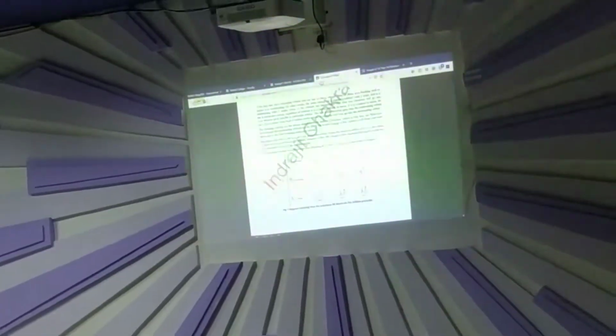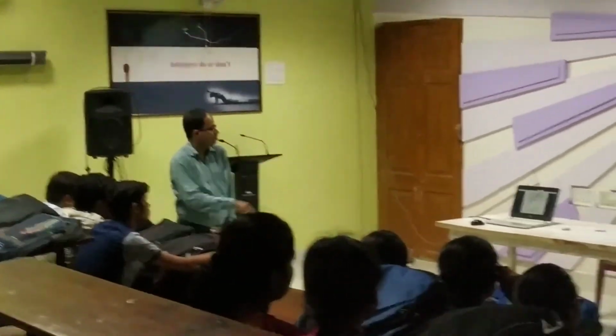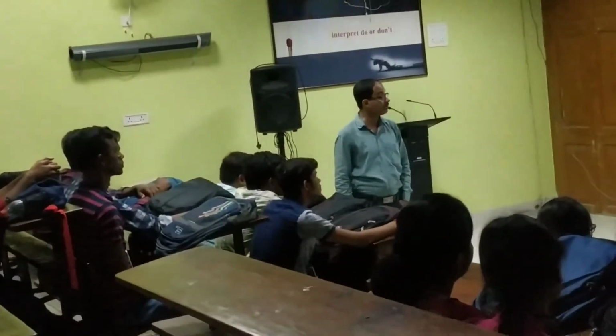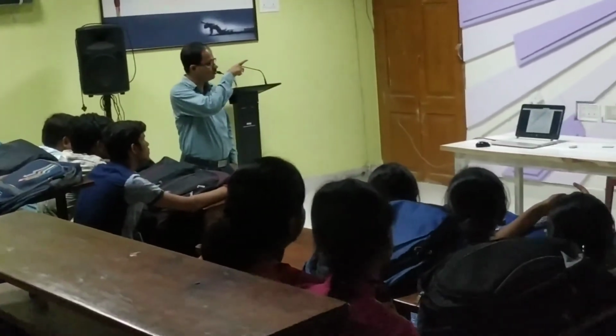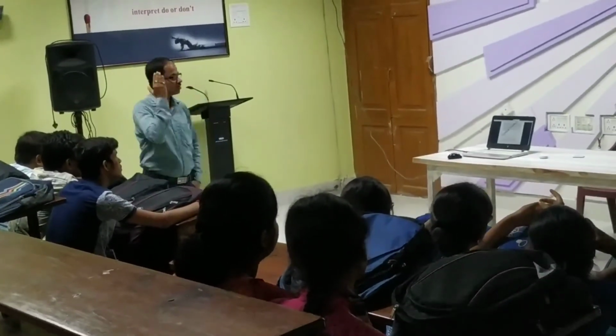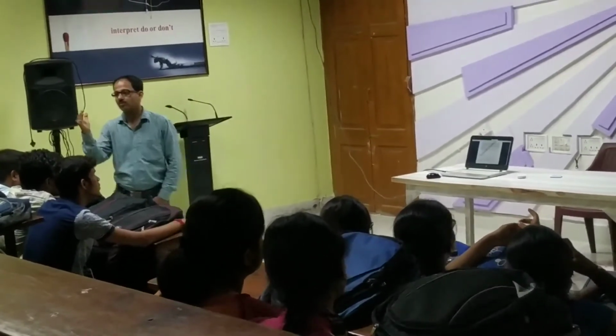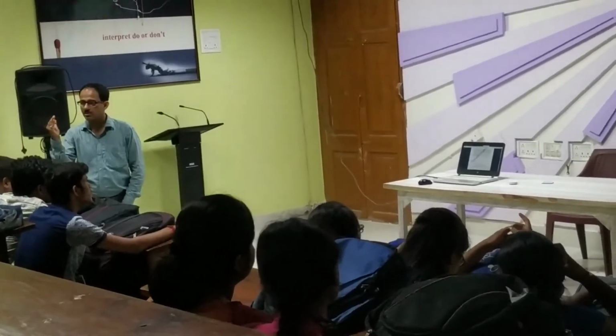Now this is allyl cation, allyl anion, allyl radical. The left one is the allyl cation, the middle one is the allyl radical, and the right one is the allyl anion. If you compare, you will see the number of electrons in the pi orbitals gradually increases on going from the allyl cation to the allyl anion.